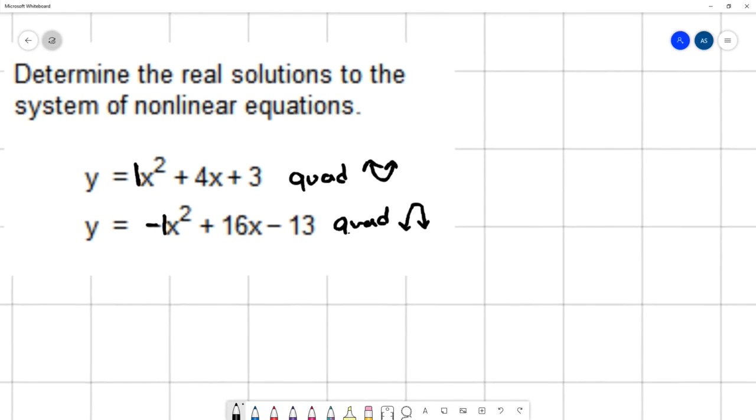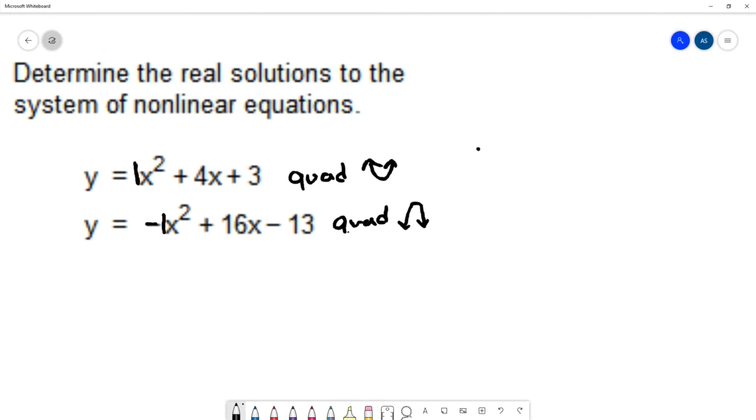So if we were to draw two parabolas, an up-facing and a down-facing parabola on top of each other, we could get two intersection points, meaning two solutions. We could draw the parabolas a little bit further apart and have one solution, one intersection point.